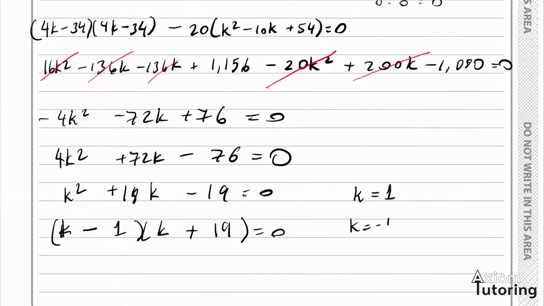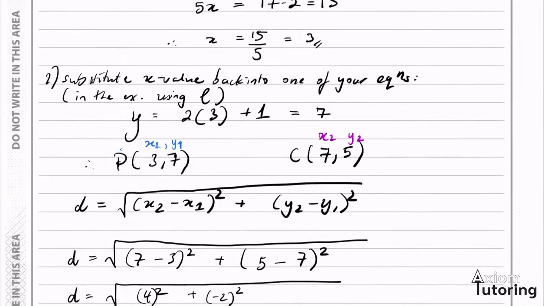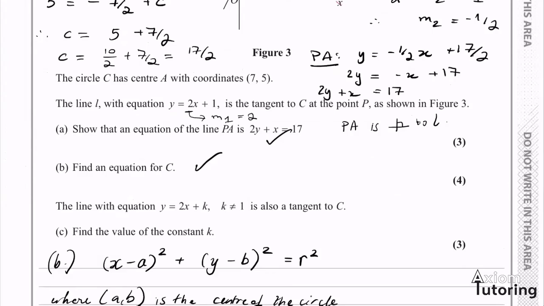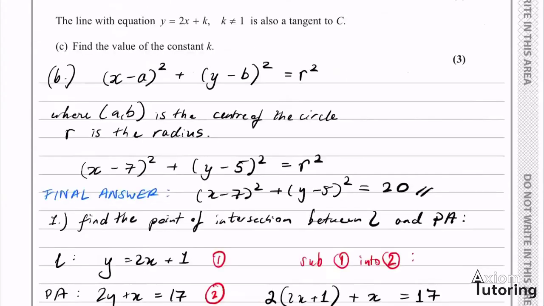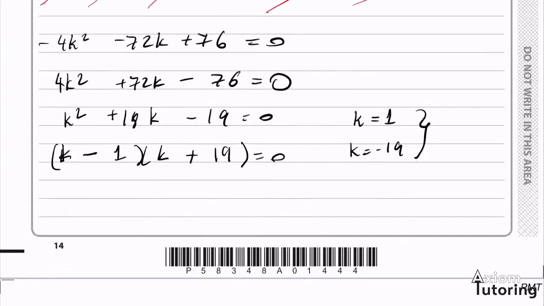And this is exactly what we expect, because our k equals 1 value gives us the original tangent, which is very good. And so it means our second value for k for our second tangent to the circle C happens when k equals minus 19.